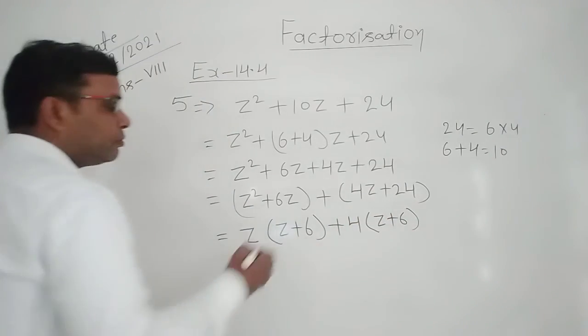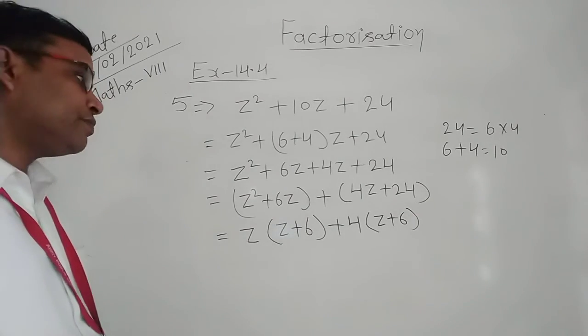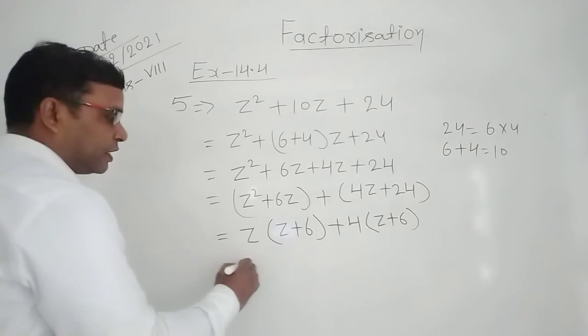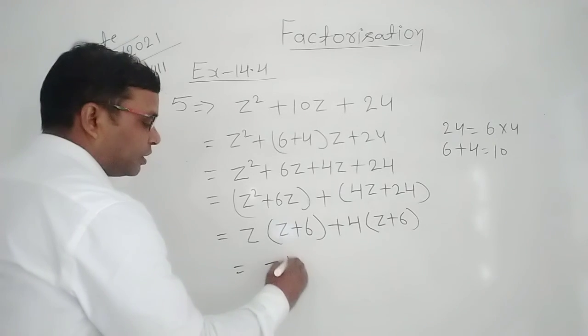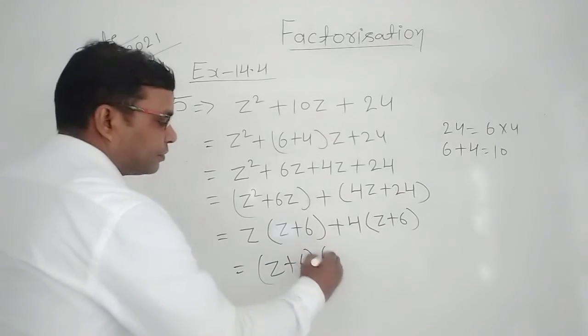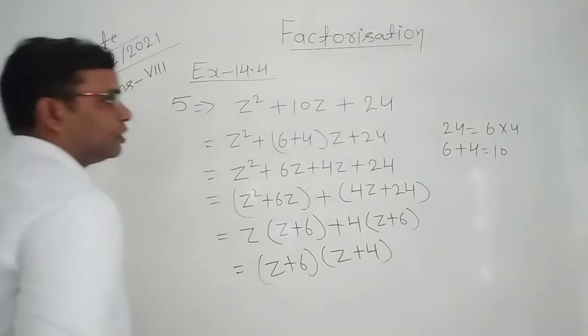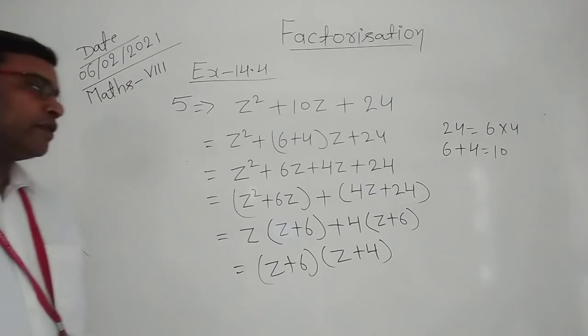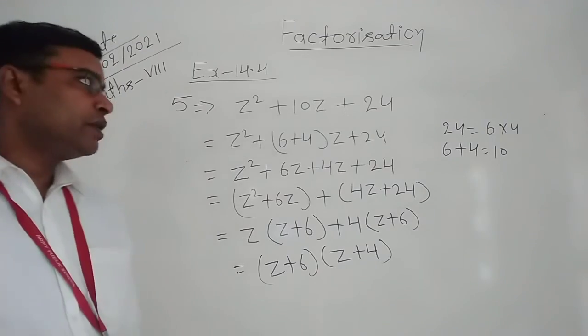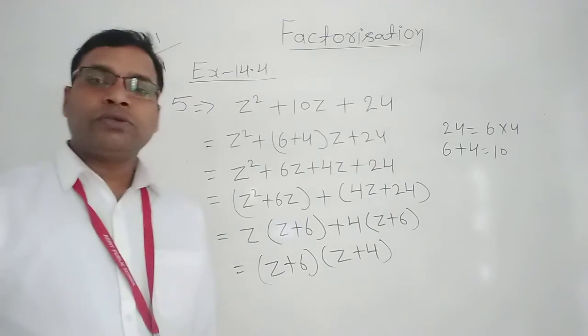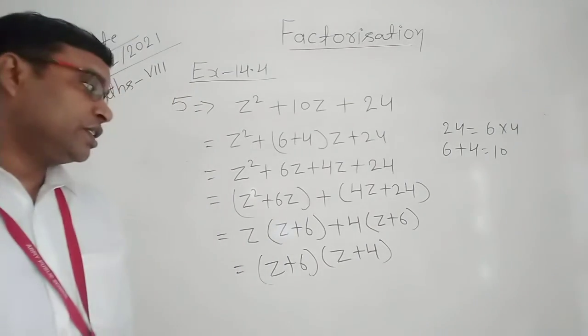So you can observe in both terms we have z plus 6, so you can take common z plus 6, then we get z plus 4. This is clear. So student, we find the factorization of z square plus 10z plus 24 is equal to z plus 6 into z plus 4.